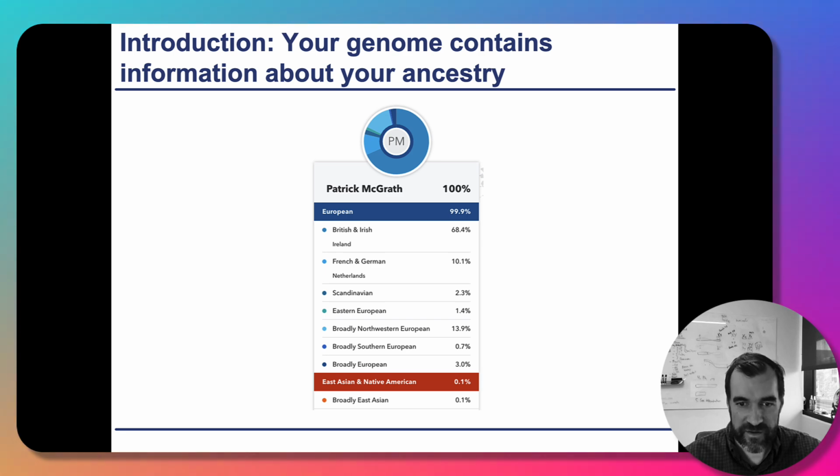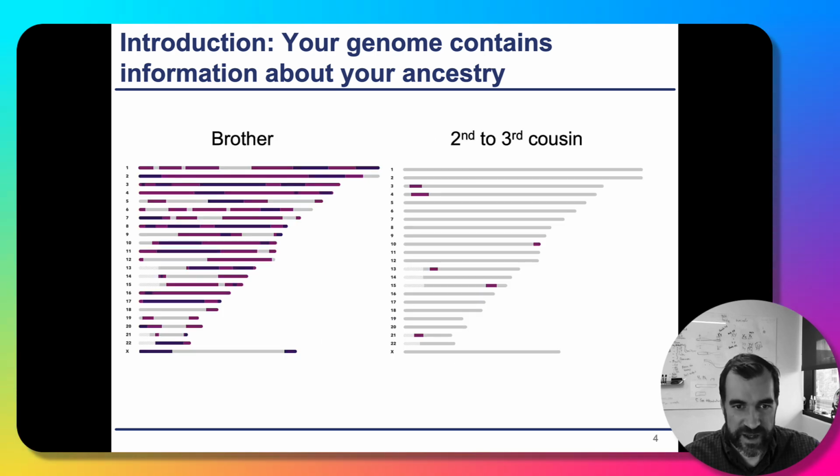These are the types of analyses that allow us to do Ancestry.com or 23andMe type approaches to predict your historic ancestry. This linkage is what we use in order to identify close relationships.